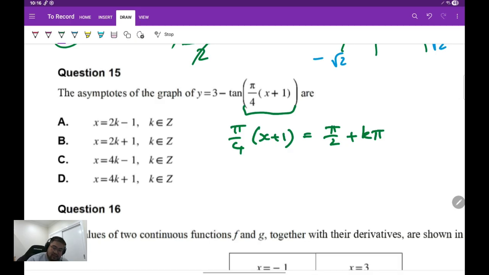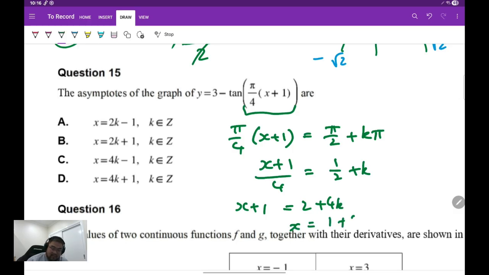So if we rearrange and solve this, we should end up getting x plus 1 on 4 is equal to half plus k. Okay, rearranging this, we get x plus 1 is equal to 2 plus 4k, and then we get x is equal to 1 plus 4k. So 1 plus 4k is equal to x. Therefore, the answer must be D.